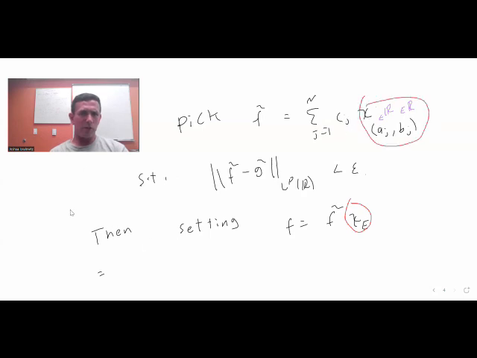So this is going to be the sum of CJ times characteristic functions of the intersections, so this is in SE.